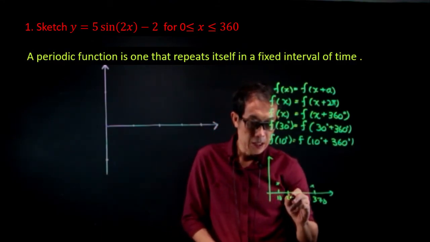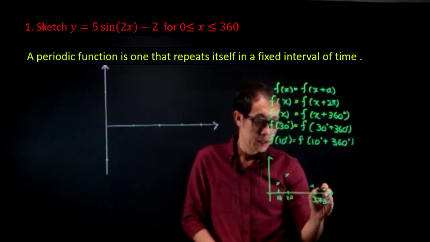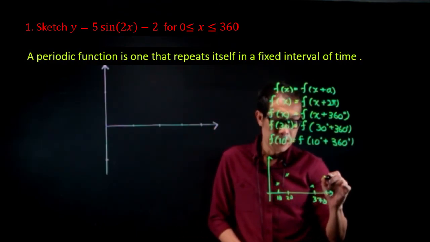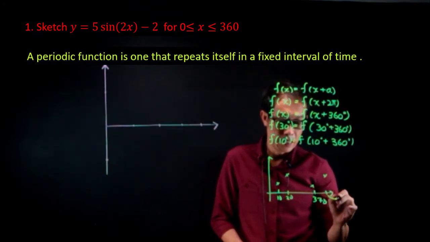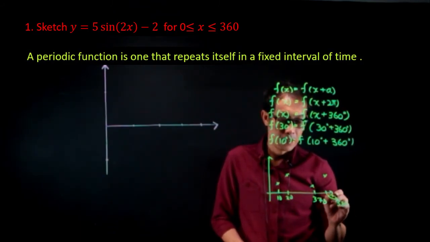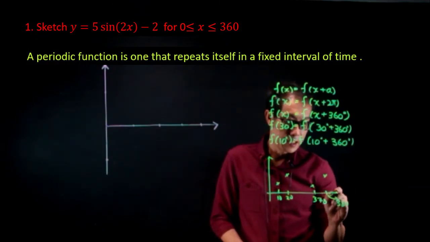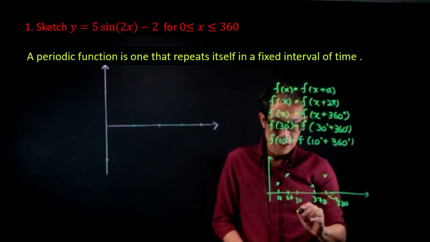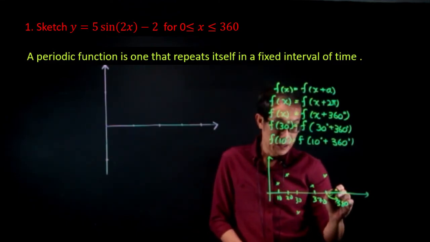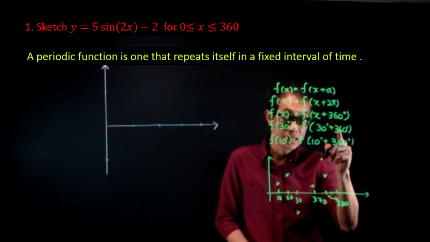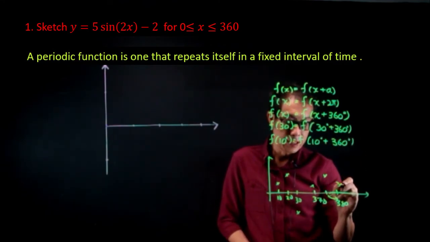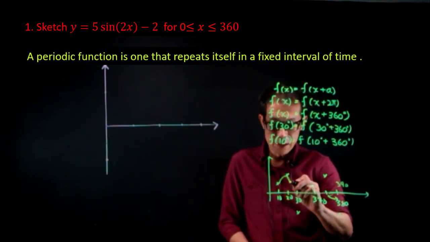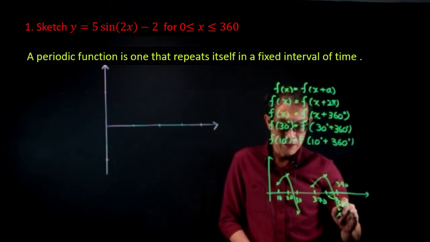When this is 20, then 360 plus 20 will be 380, will be here. Maybe I just extend the axis a bit. Now, if this is 30, it takes the value here. 360 plus 30 is 390, it takes this value. So you can see it repeats itself.